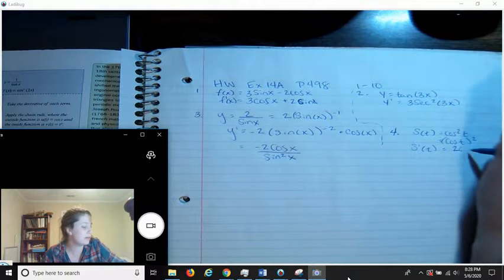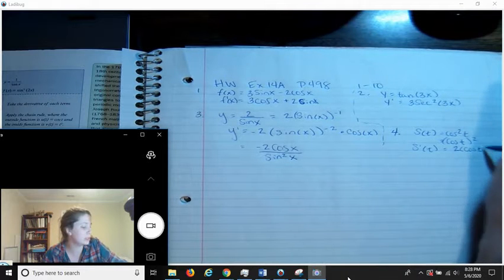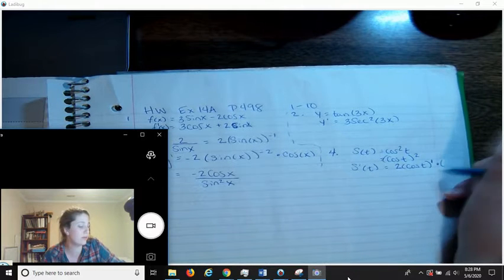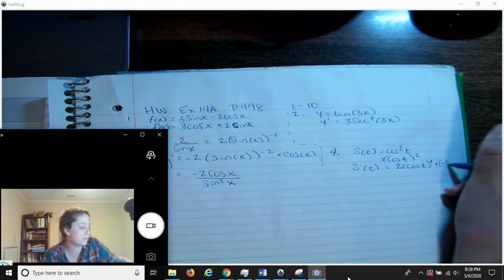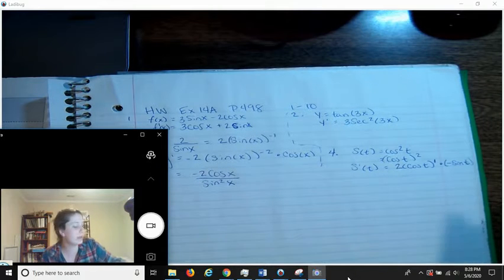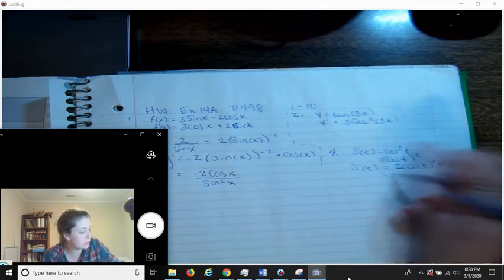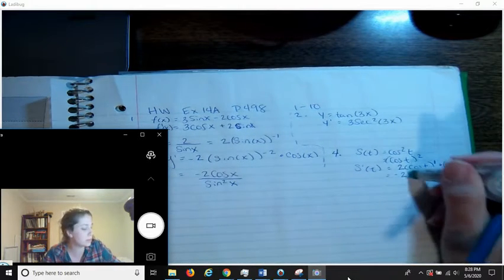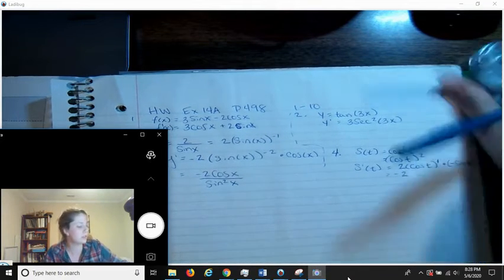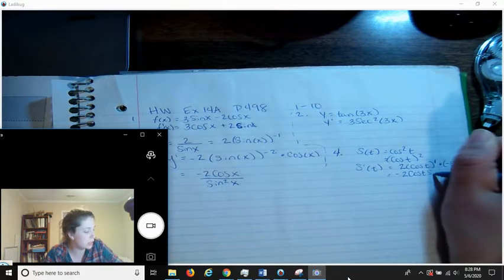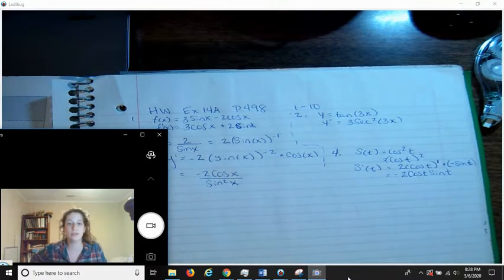I'm going to subtract 1 from the power, so it's going to be to the first power. And then I need to multiply by the derivative of the inside. The derivative of cosine is negative sine. T is my variable. So then my final answer is going to be negative 2. Well, I guess I could put sine first, but I'm going to keep cosine first just for consistency. Cosine t sine t. Okay, that should be your final answer.